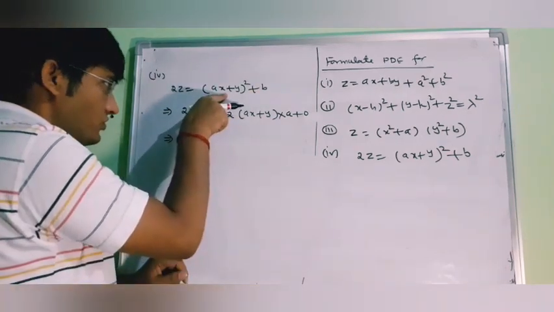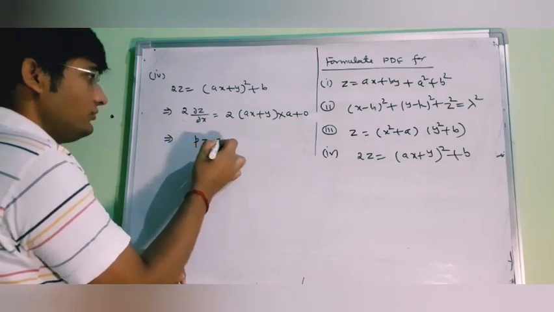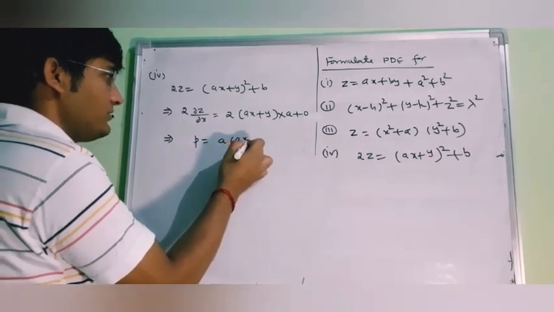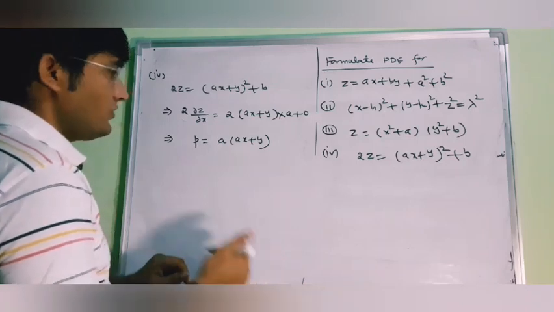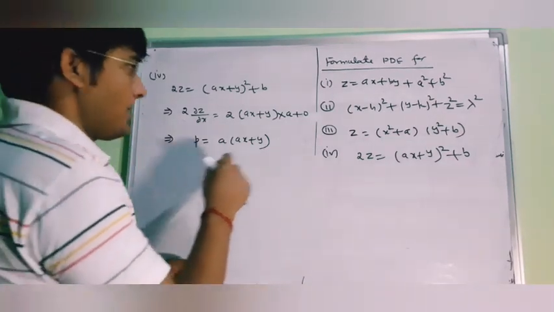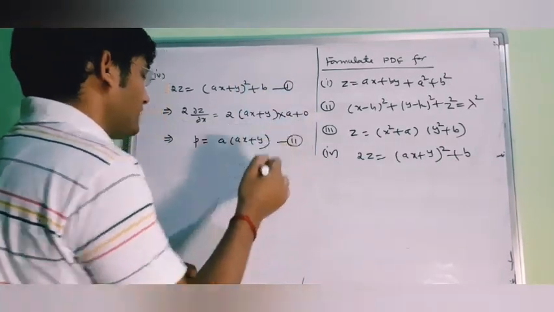So that means p equal to a times (ax plus y). So this is your equation number 1, and this is your equation number 2.